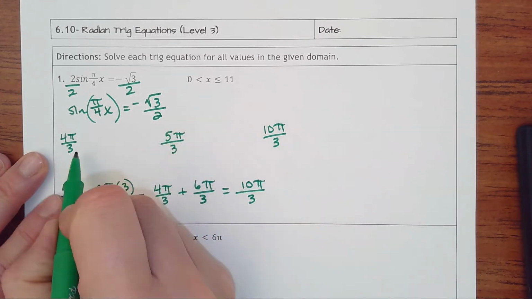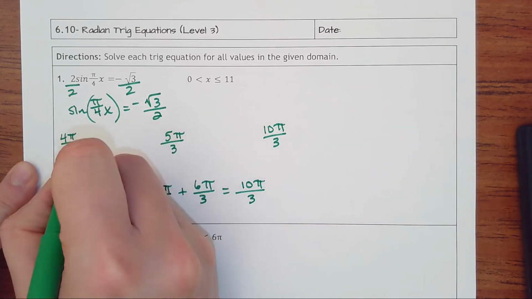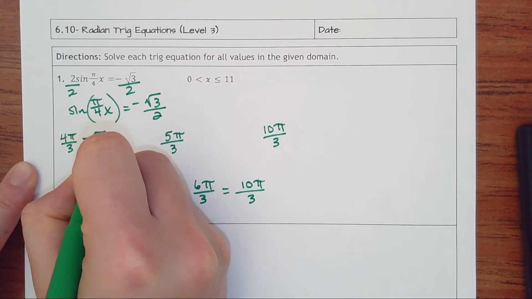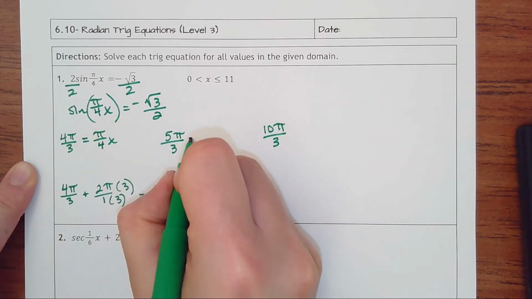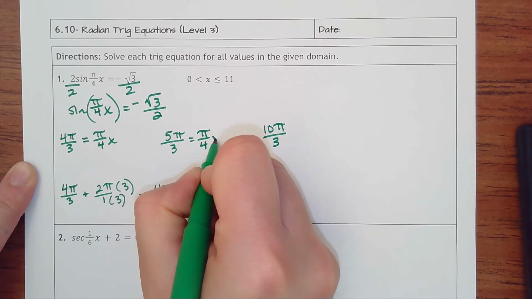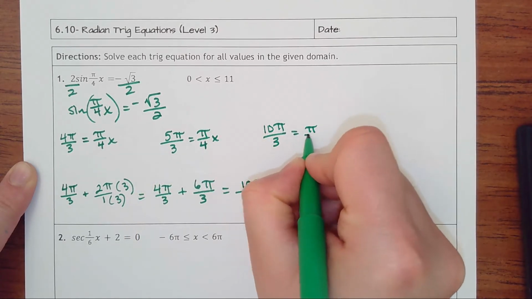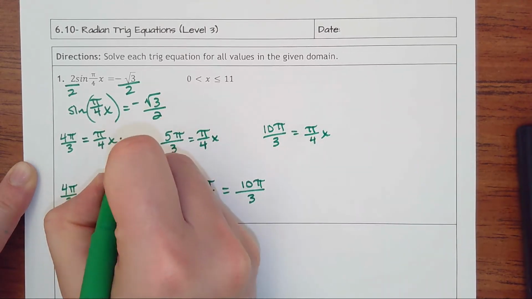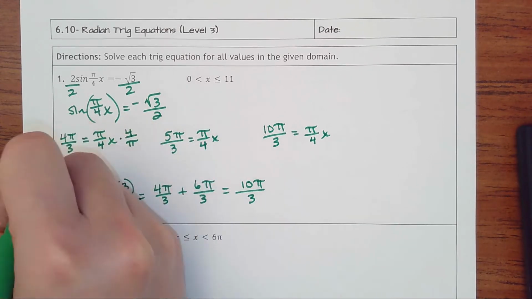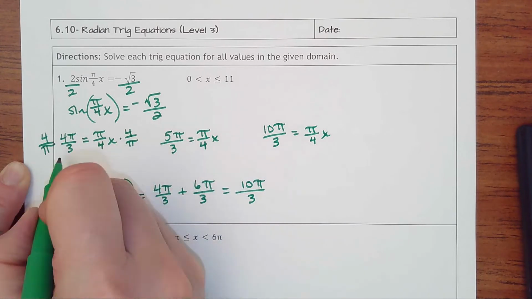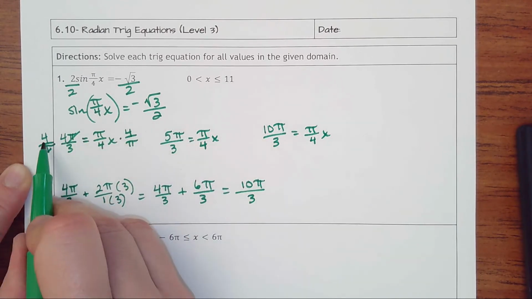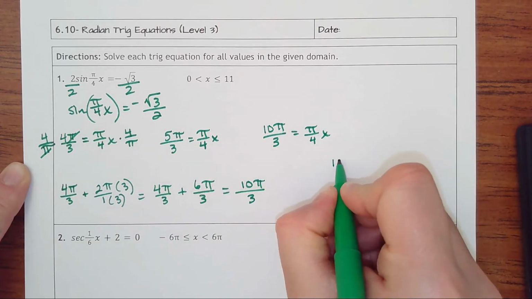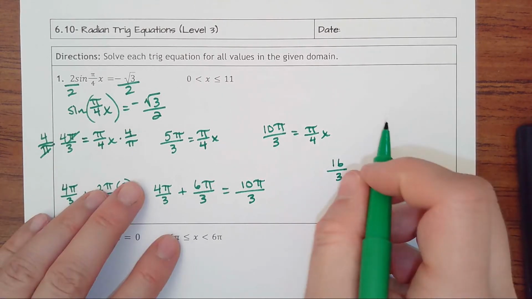Okay, so remember, we are taking our solutions and solving for x. So set it equal to pi over 4 times x for each of these. And I'm going to multiply by the reciprocal, 4 over pi. Pi's cancel, so I get 16/3 as an answer.